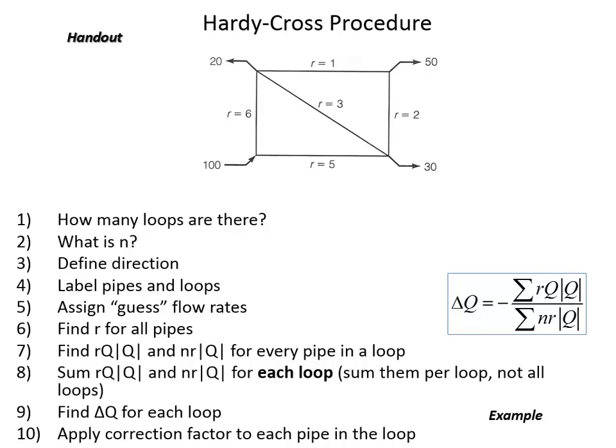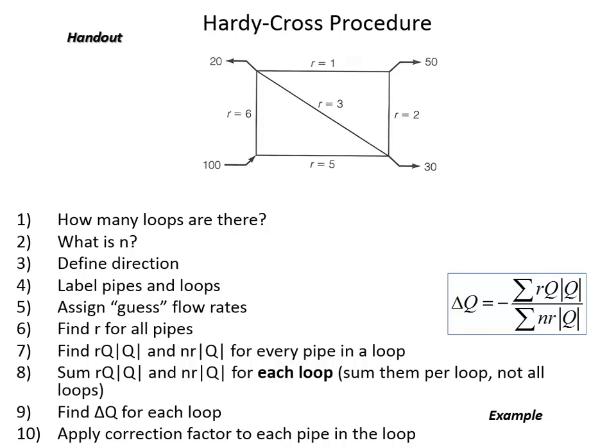Let me set up the table that we're going to start doing our calculations on. I'm going to do it over here because we're going to need lots of space. And I'm going to have a column where I keep track of the iteration we're on. I'll have a column where I define which loop we're working on.